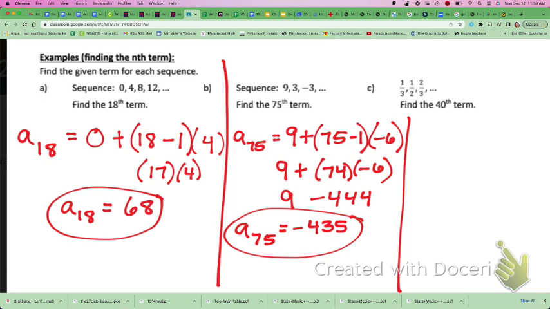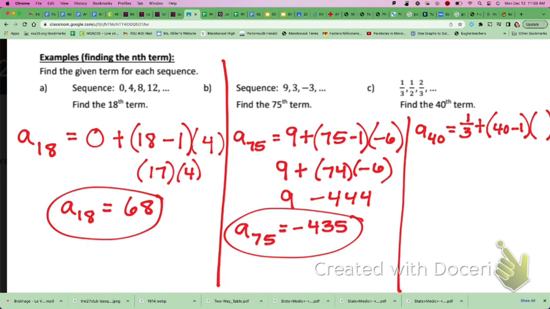Okay, C. 40th term. So A sub 40 is equal to my first term, which is 1/3, plus 40 minus 1 times, now this is where we have to actually think. So what's happening from 1/3 to a half? Ooh. Let's make common denominators.